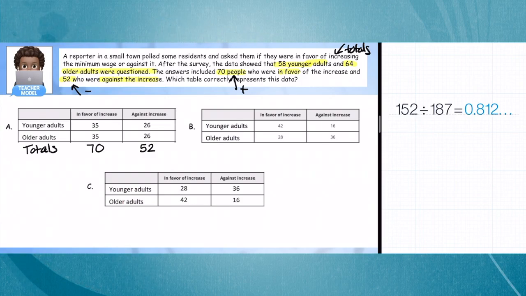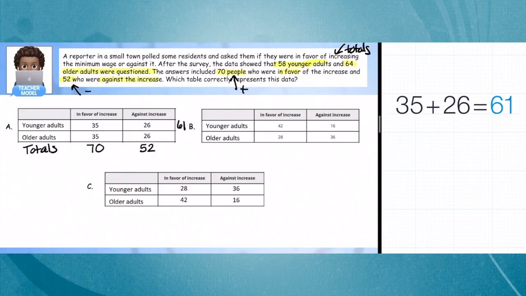That seems to match. Let's see, 70 were in favor. That's what we're looking for. So that's true. 52 were against, and that is true. Let's see if our other totals are correct. They surveyed 58 people, so that means we're going to add in this direction as well. So I'm going to use my calculator for this. 35 plus 26 is equal to 61.